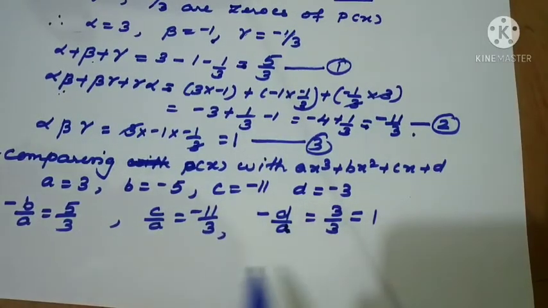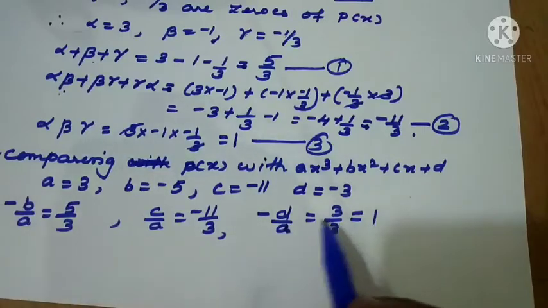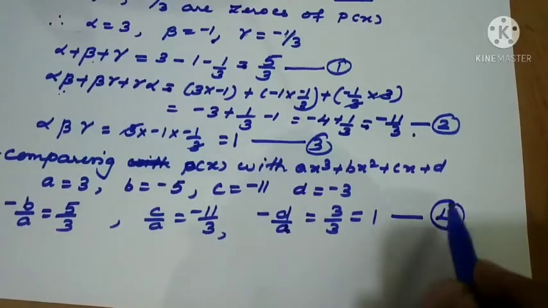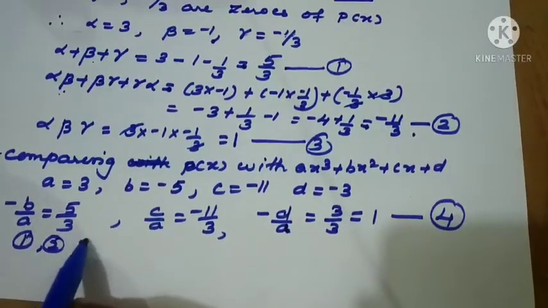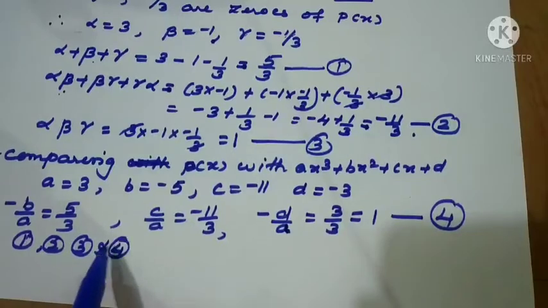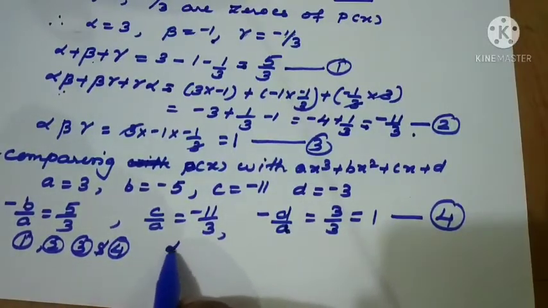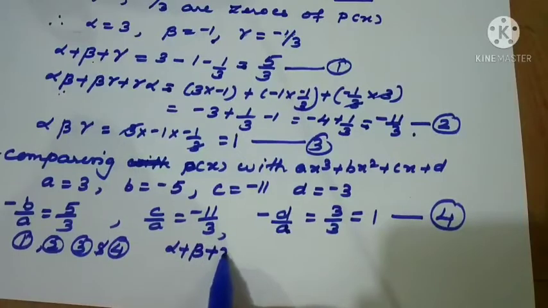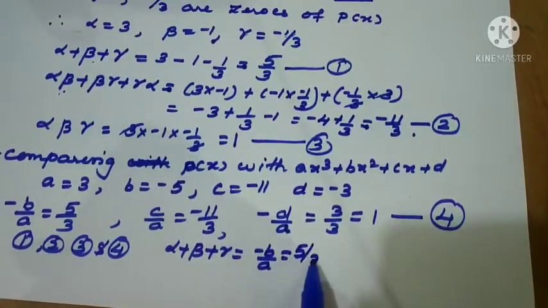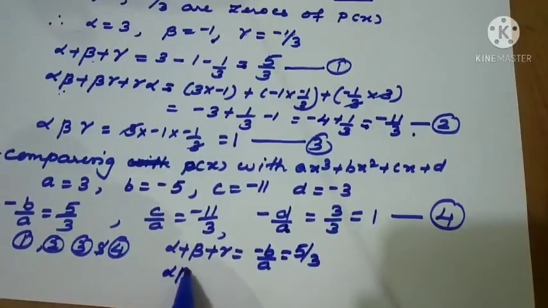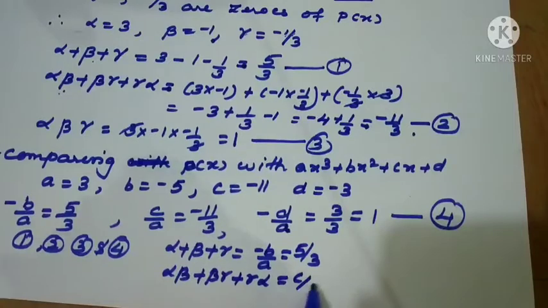Now what conclusion can we make? So this is the fourth equation together I will make, using 1, 2, 3 and 4. What is the conclusion? Alpha plus beta plus gamma equal to minus b by a equal to 5 by 3. Alpha beta plus beta gamma plus gamma alpha equal to c by a equal to minus 11 by 3.